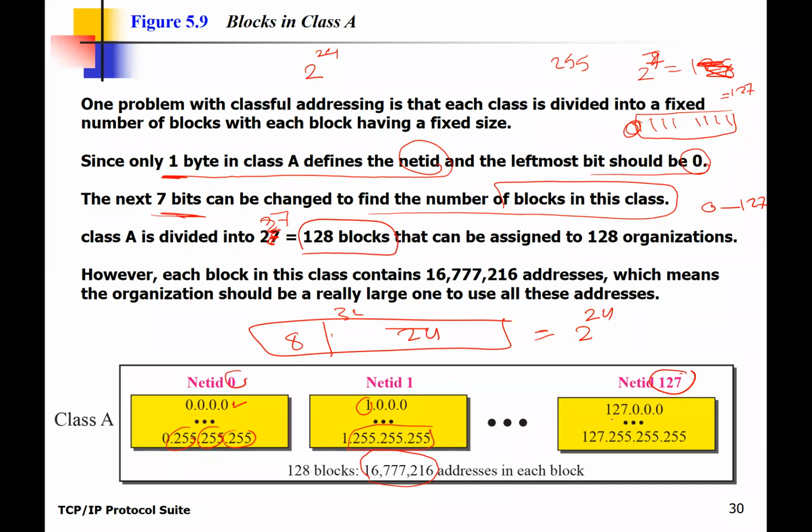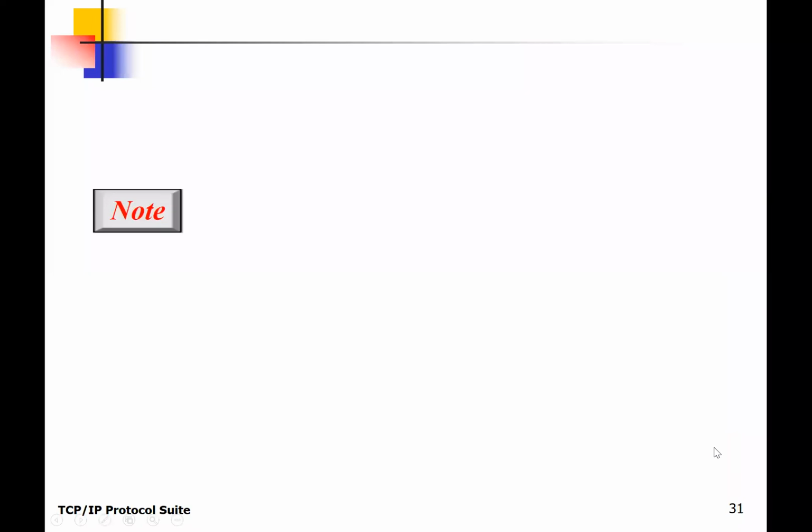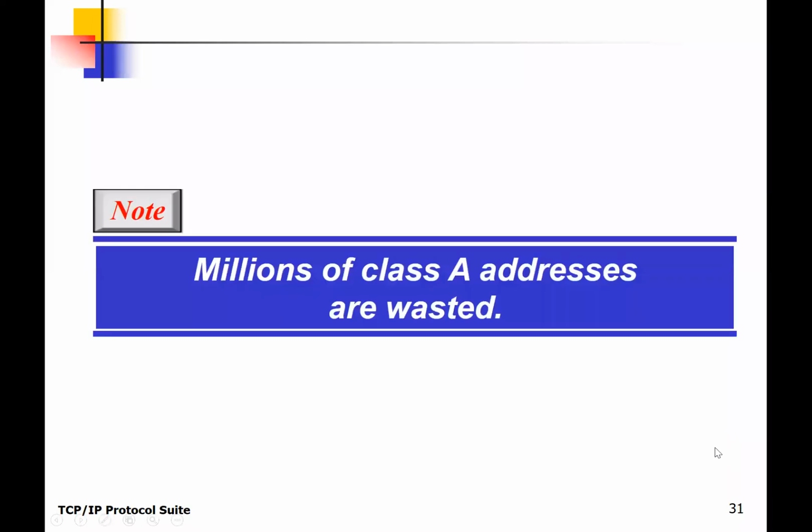Okay. The last one is 127 and gives you up to 16 million. All right. So from here, what can you tell me about class A? Millions of class A addresses are wasted. Simple. So nobody is using class A.